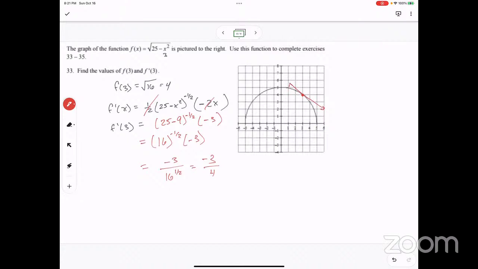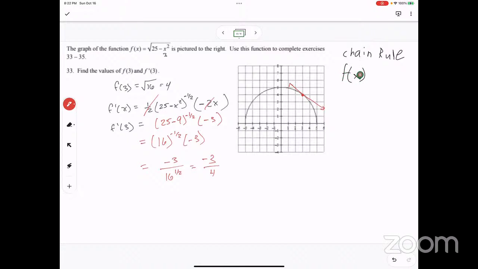Negative 3/4. Okay. And I did want to clarify the chain rule, if it's what I think it is. Hold on, let me word this better.